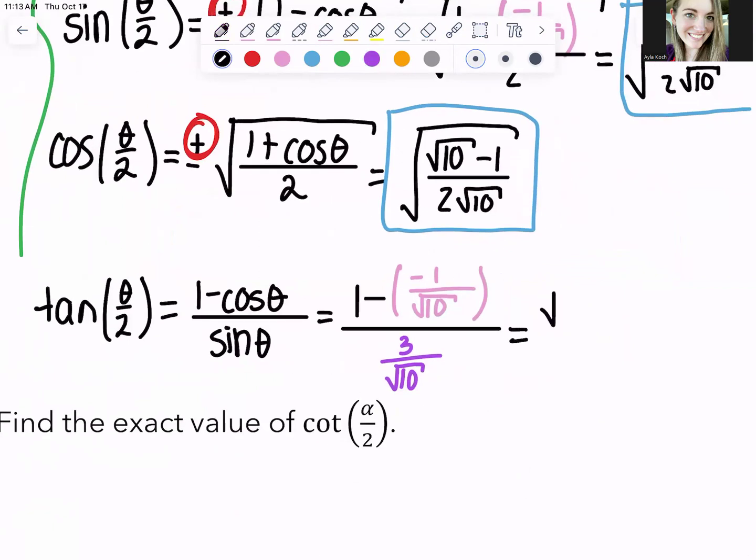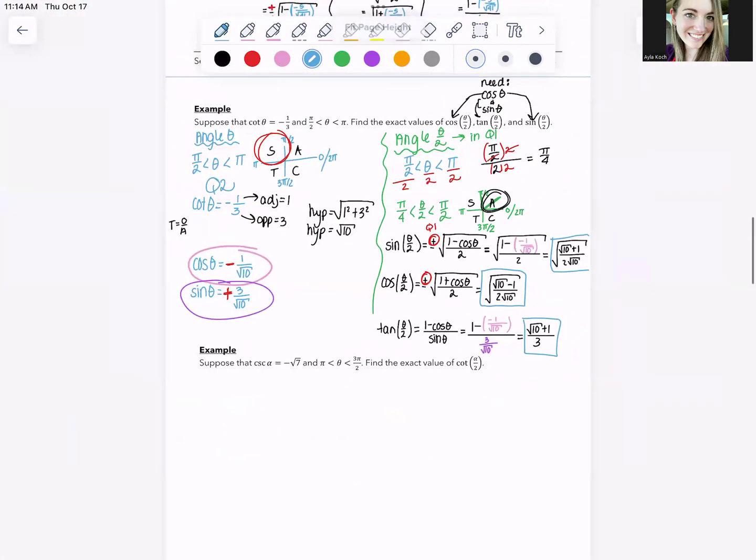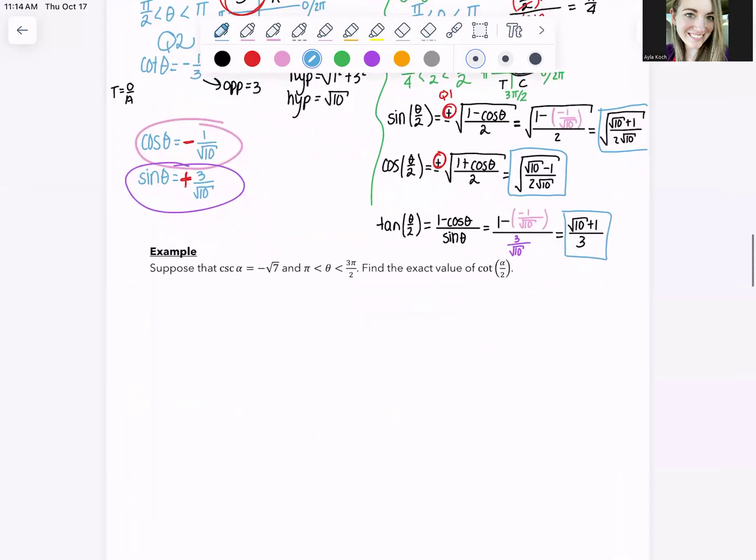Simplifying this, we get square root 10 plus 1, all divided by 3. Wham, bam, thank you, ma'am. All right, it's a little bit of work. It's not impossible though. Just keep track of what you're doing. That's the real important thing. Keep track of what you're doing and which angles are which.